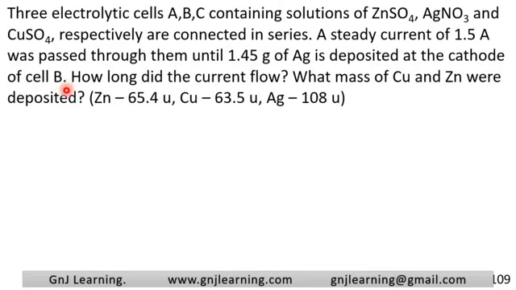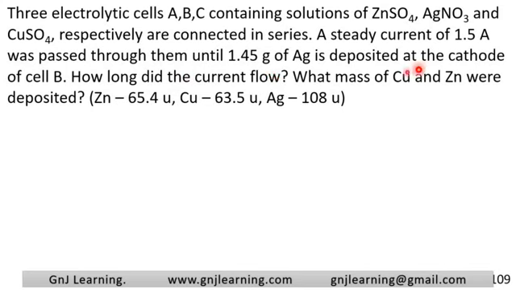They have provided I and they have provided W. I should find out the time. How long did the current flow? Time, T. And also I should know what mass of copper and zinc were deposited by using the same current for the same time.